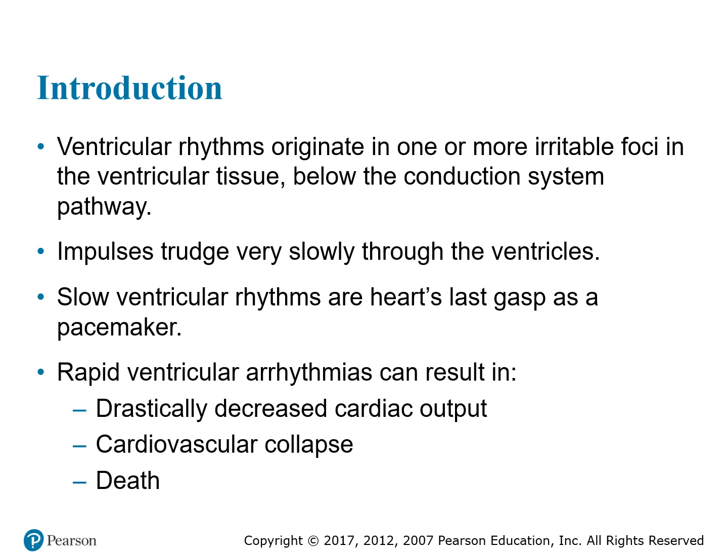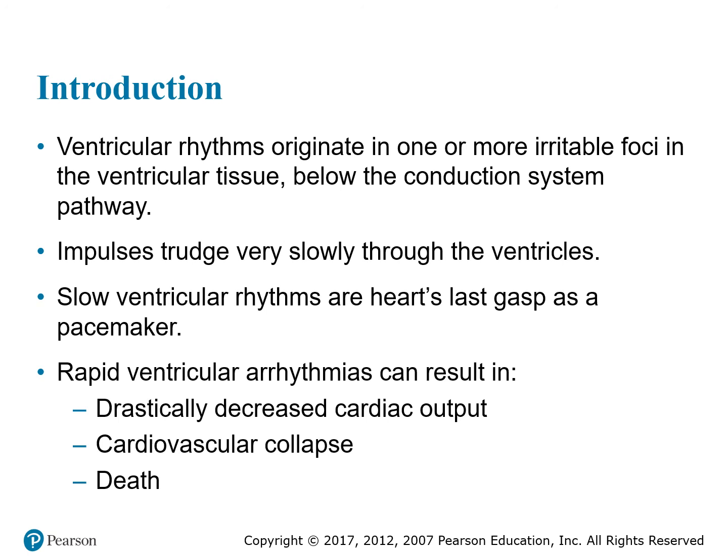The ventricles, which generate impulses at a slower rate, will then become the main pacemaker of the heart. The ventricles are known as the last resort before the heart completely stops contracting. Rapid ventricular arrhythmias can result in drastically decreased cardiac output, cardiovascular collapse, and then, of course, death.